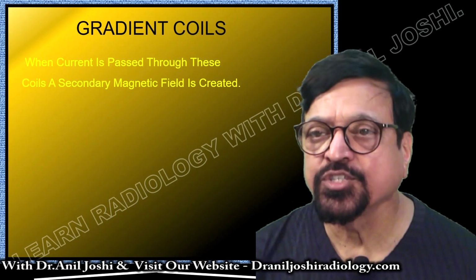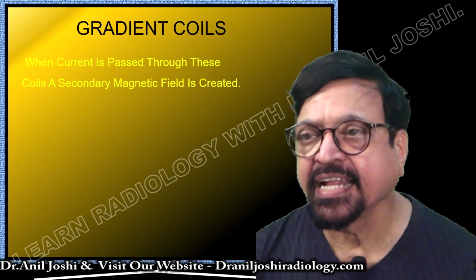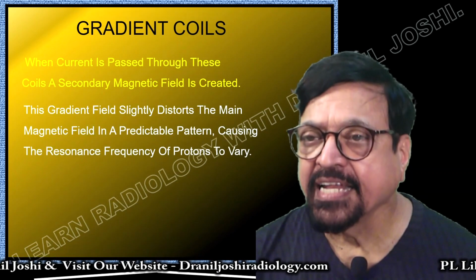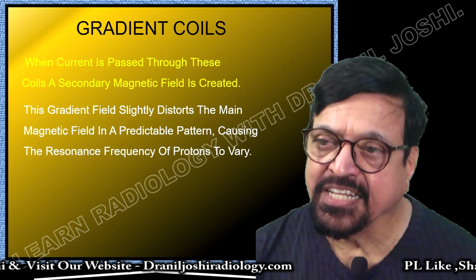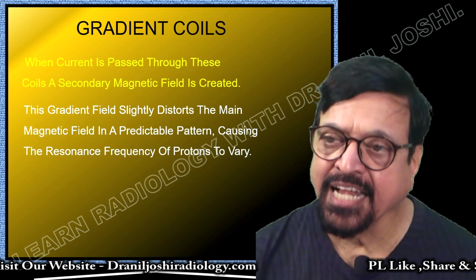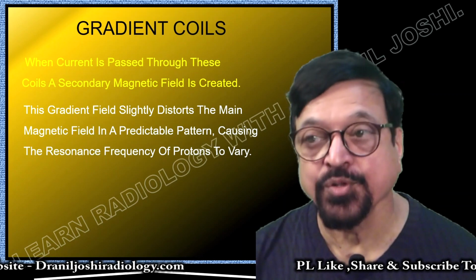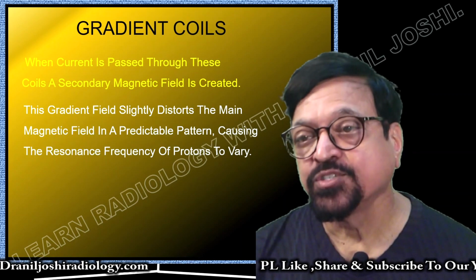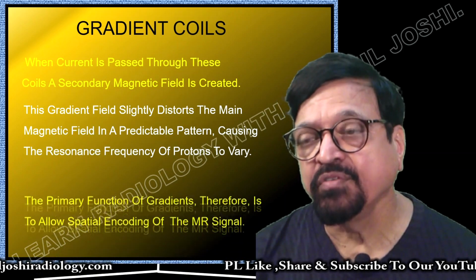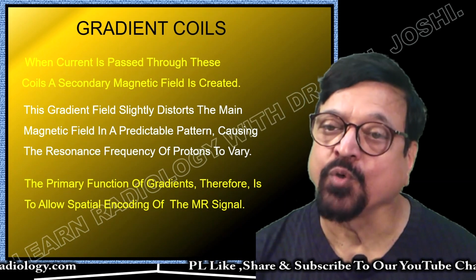When current is passed through these coils, a secondary magnetic field is created. The gradient field slightly distorts the main magnetic field in a predictable pattern. So you change it in a direction you want, causing the resonance frequency of the proton to vary, and this is exactly what you want.